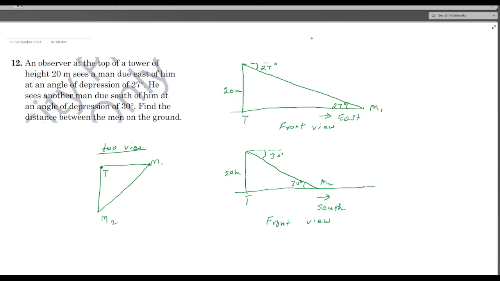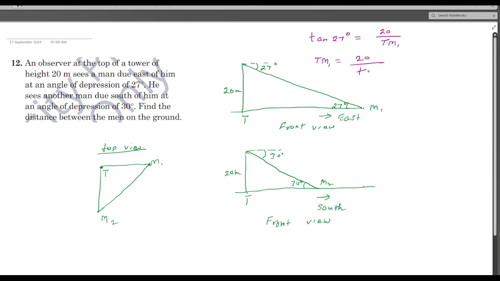So tan of 27 degree is equal to 20 divided by TM1. So TM1 will be equal to 20 divided by tan of 27, and similarly TM2 will be equal to 20 divided by tan of 30 degree.